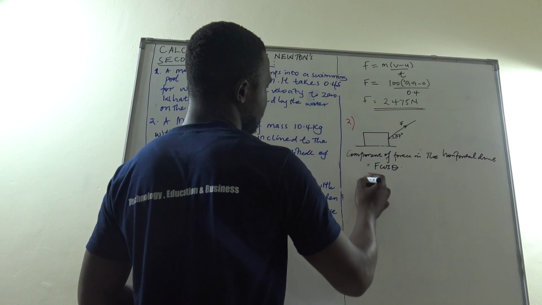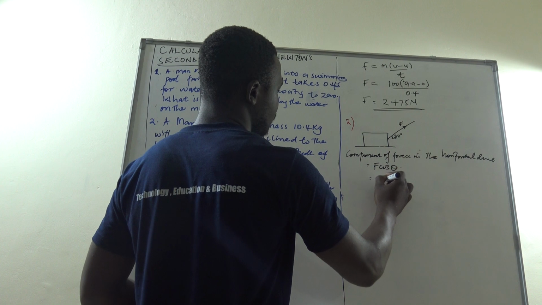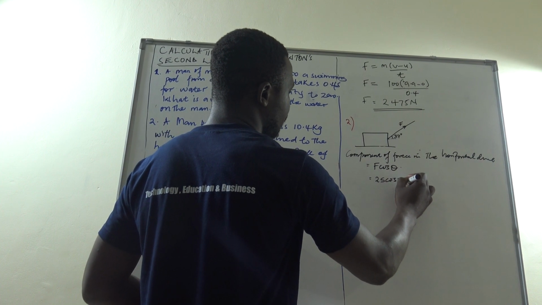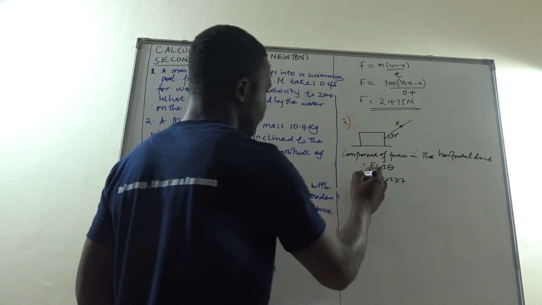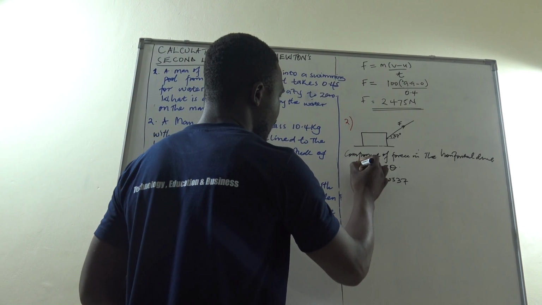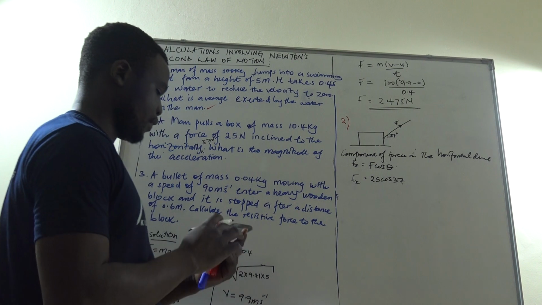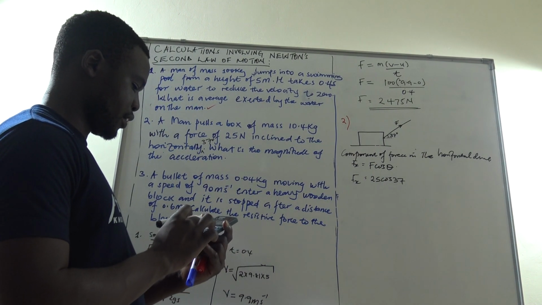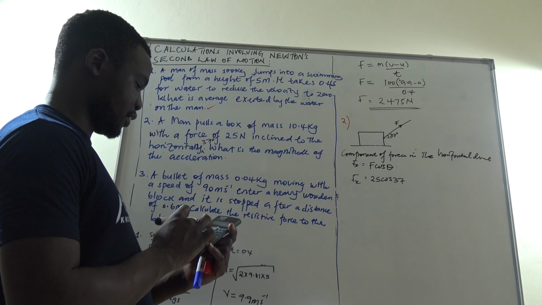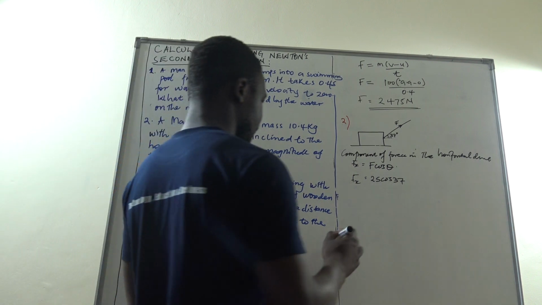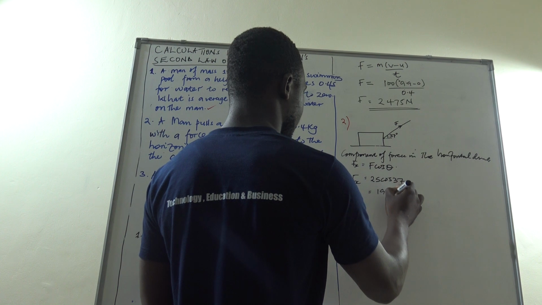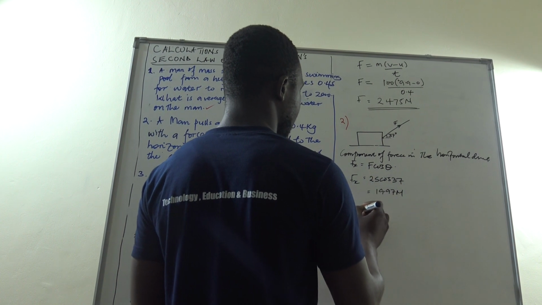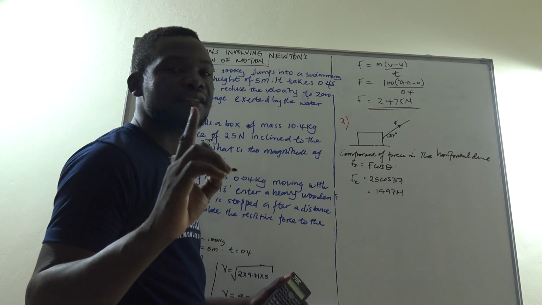So our force here is 25 cos 37 degrees, which is 19.97 newtons.